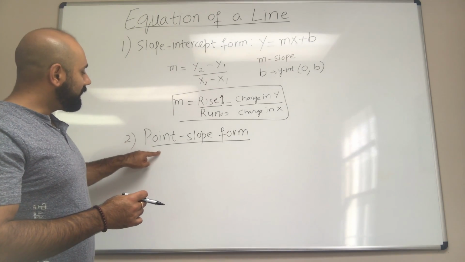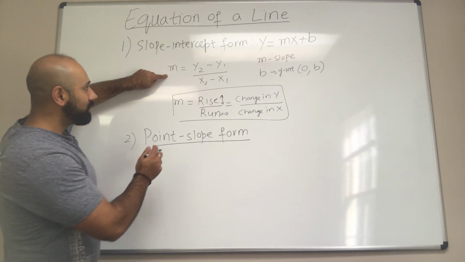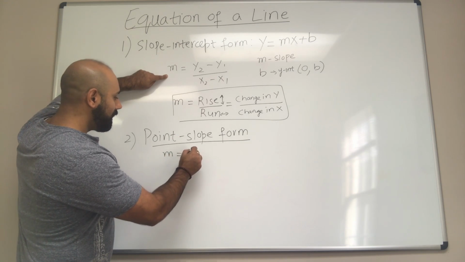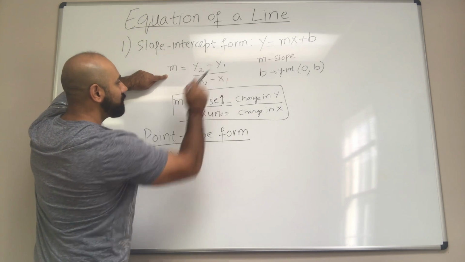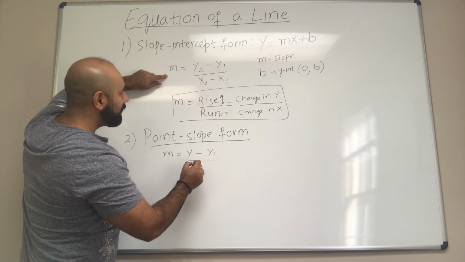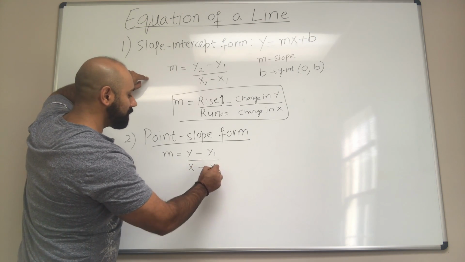The point-slope form basically is motivated by the slope formula. If you look at the slope formula carefully, slope m is, instead of writing y2 minus y1, we are going to write y minus y1, and instead of writing x2 minus x1, I'm going to change it slightly to x minus x1.